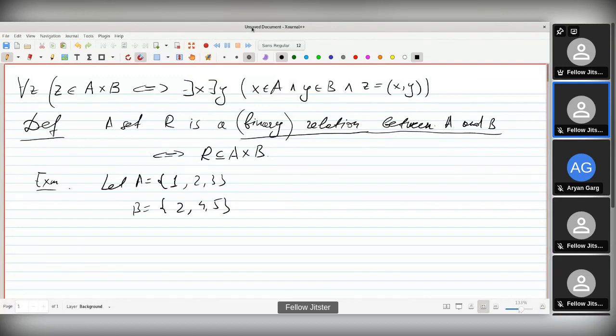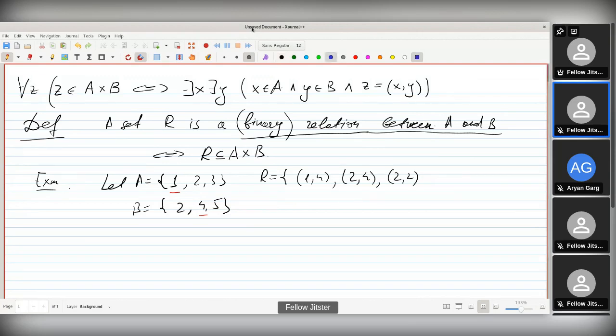Then we can consider the following binary relation between these sets. You can have the pair 1 and 4, 2 and 4, 2 and 2.